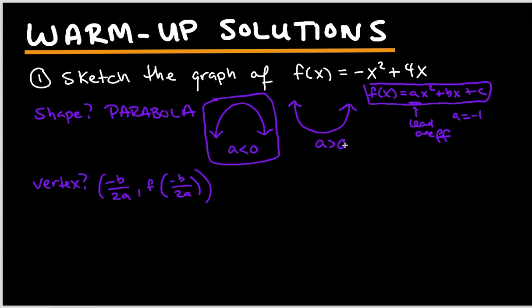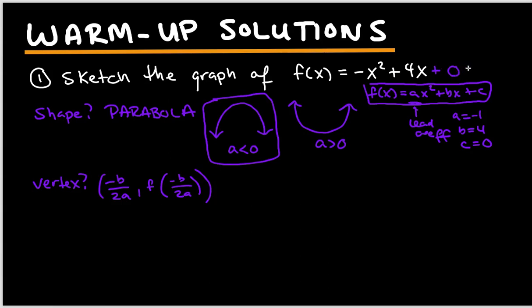If you don't understand why this shortcut is a shortcut, see me and we'll go over it. So, if we have a equal to -1, b equal to 4, and just for completeness, c equal to 0, because remember, when you don't have a constant term back here, just think of it as plus 0.